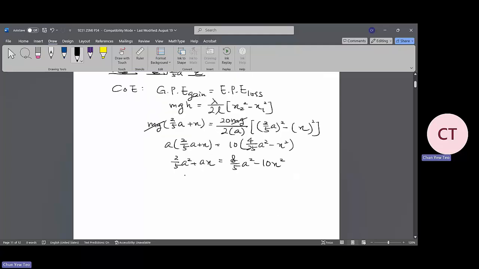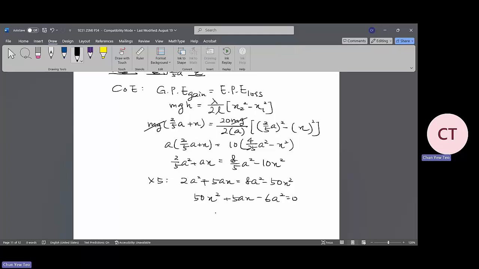So you can see that we will be having a quadratic equation. I just want to make my coefficients integers, so I multiply everything by 5. I get 2a squared plus 5ax is equal to 8a squared minus 50x squared. Rearrange them: 50x squared plus 5ax minus 6a squared equals 0.